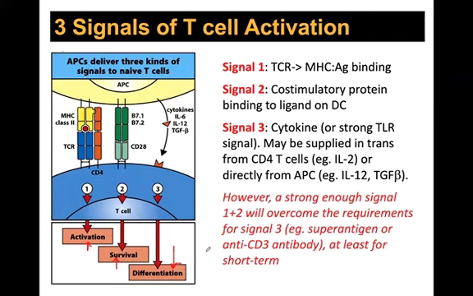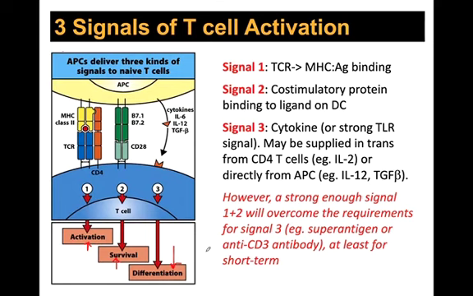Now, there are some exceptions to this, and we covered one, strong TLR signal. That means a systemic infection, which just says go ahead, okay? If you get a strong enough signal 1 and 2, you can overcome the requirements for a signal 3. Well, when does that happen? It does happen with some superantigens.